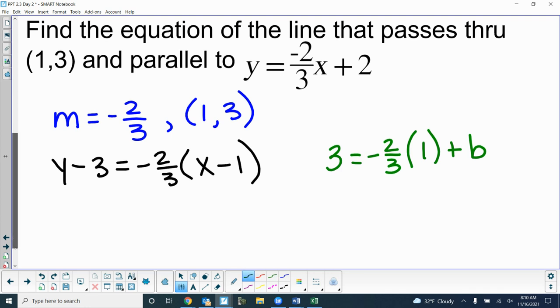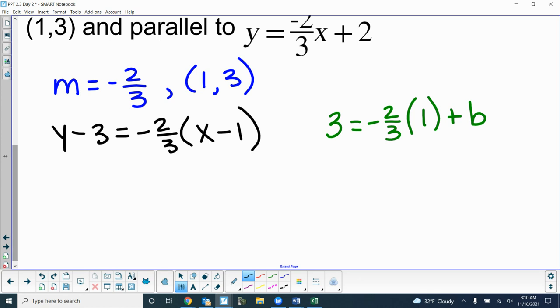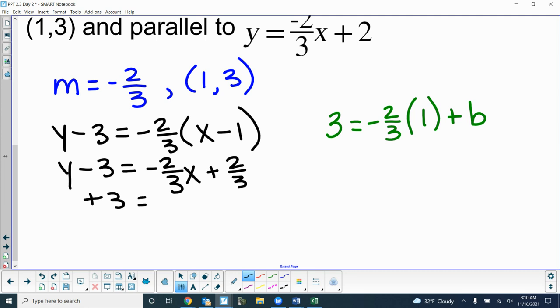So using point slope, distribute the negative 2/3. And then add 3. What's 2/3 plus 3? 3 and 2/3. You can write it like that.